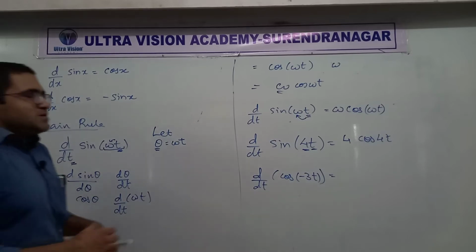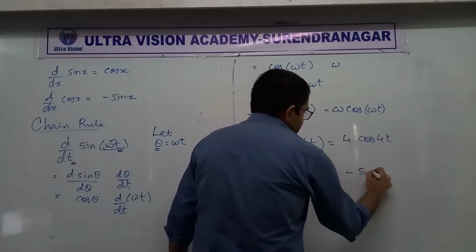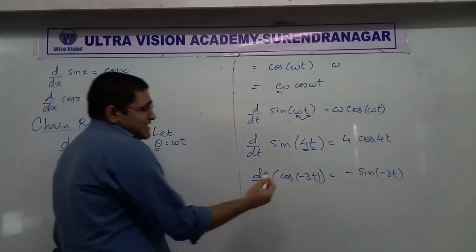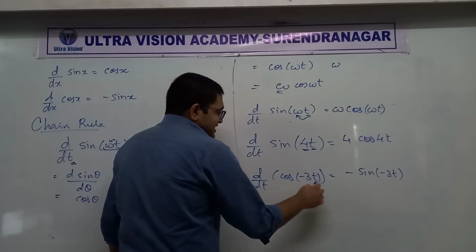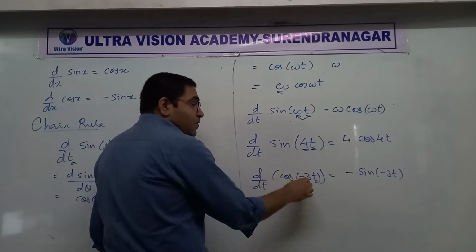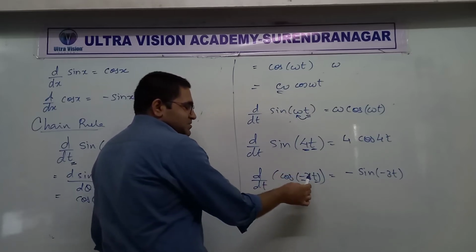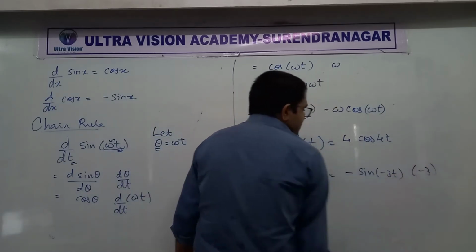Okay, just be careful. First of all, differentiation of cos is minus sine. That's the first step. And then, listen to this carefully, we are seeing that t is multiplied with minus 3. Is that clear? t is multiplied with minus 3. So multiply this thing with minus 3.